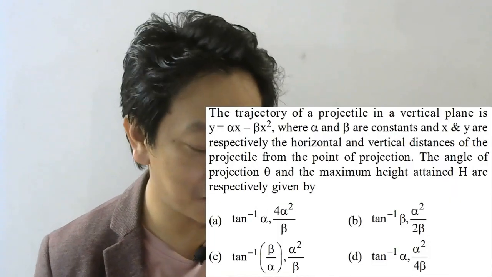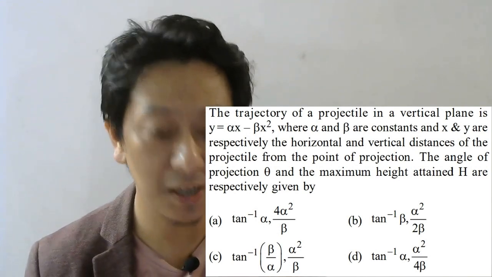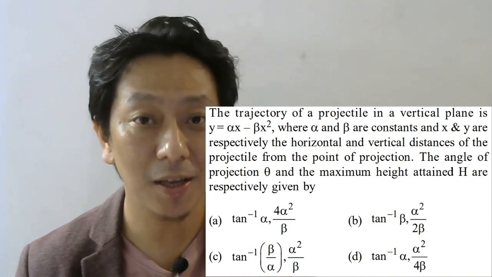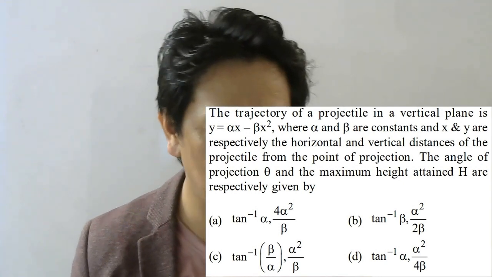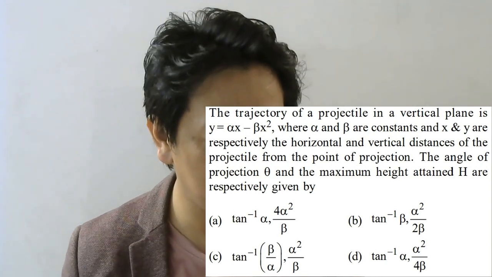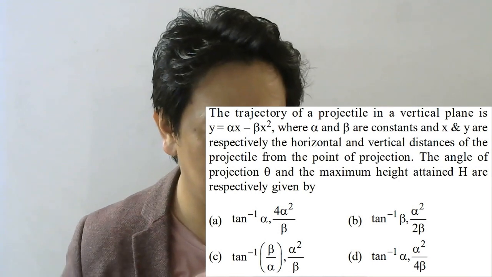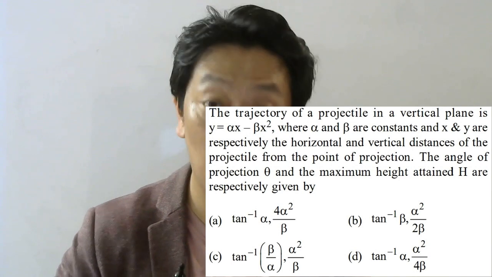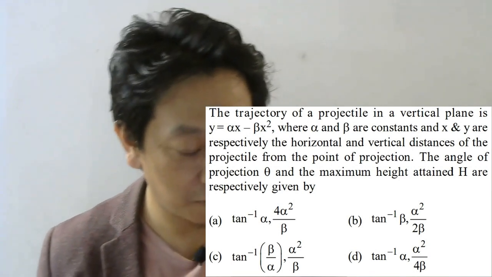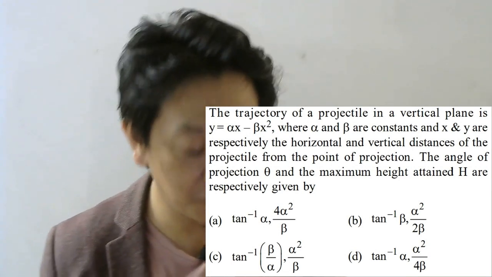The next question says the trajectory of a projectile in a vertical plane is y equal to alpha x minus beta x squared, where alpha and beta are constants and x and y are respectively the horizontal and vertical. So x is horizontal distance, y is vertical distance of the particle from the point of projection.